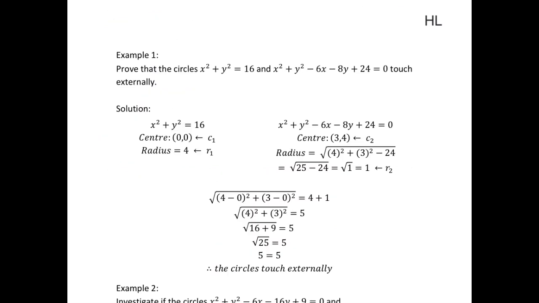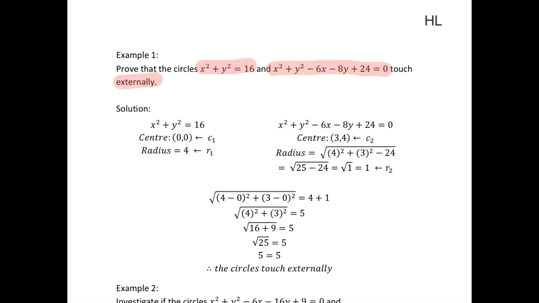At higher level, the difficulty is usually increased by using the general form of a circle for one of the equations. So here we're asked to prove that the circles x squared plus y squared equals 16 and x squared plus y squared minus 6x minus 8y plus 24 equals 0 touch externally.